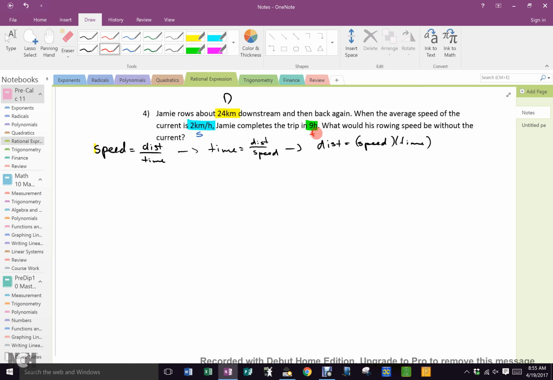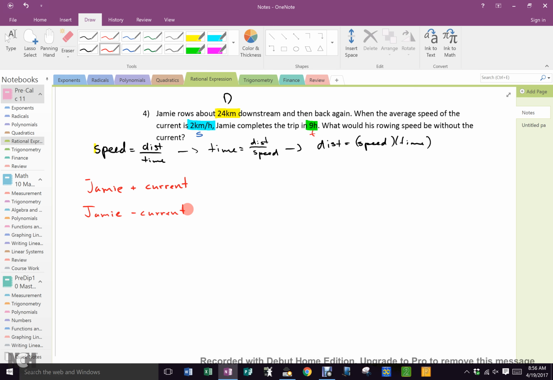So what does the current do to his speed? It speeds him up. So there's Jamie plus current, or what's the other option? When he turns around and comes back upstream, it's Jamie minus current. Is everybody cool with that? Have I lost anybody in our thought processes yet?